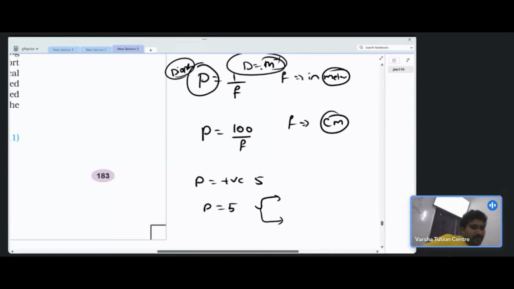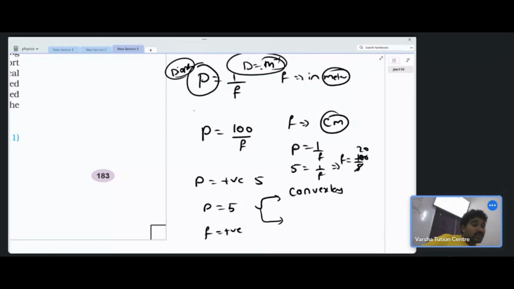P positive means F also positive, so convex lens. P is equal to 1 by F, P is 5, F is equal to 1 by 5. If I am writing in centimeters, I will write 100 by 5, which is 20. So 20 centimeter or else 0.2 meter. Both are correct.